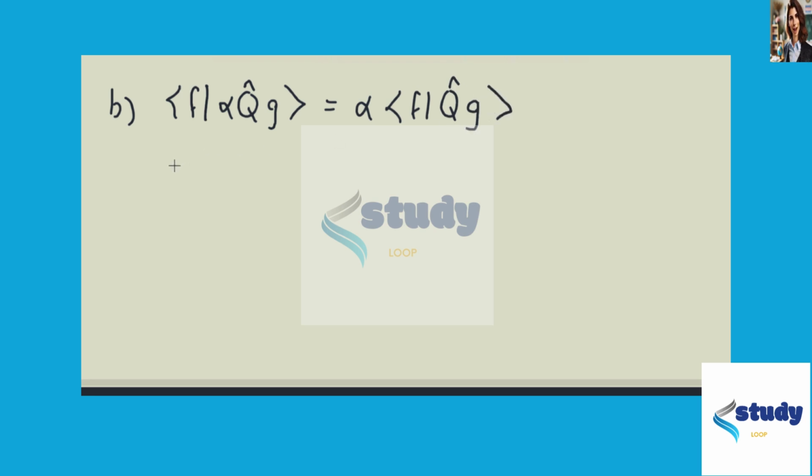Now if alpha Q cap is Hermitian, then it should be equal to alpha Q cap f scalar product with g. Since alpha is on the left side, it will come out but with a star, that is, it is the conjugate of the original alpha, times Q cap f inner product with g.